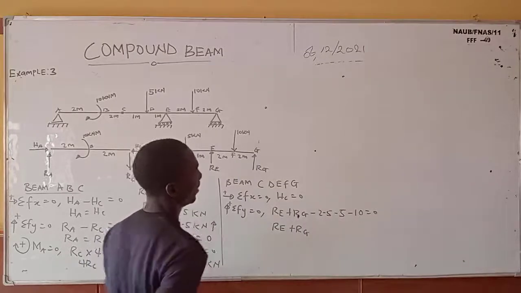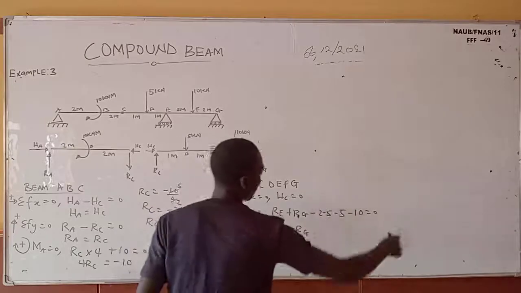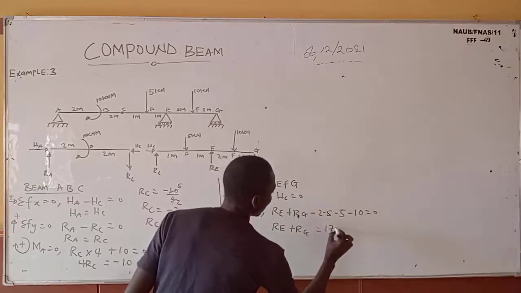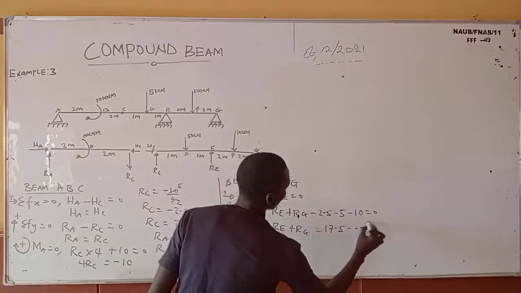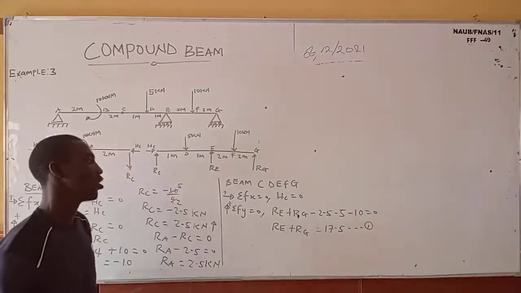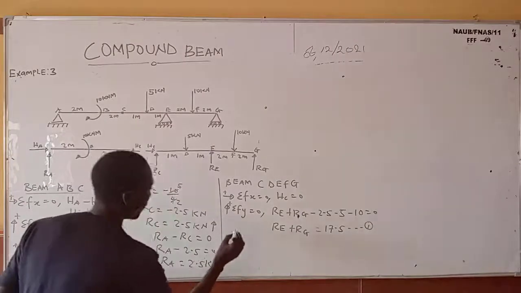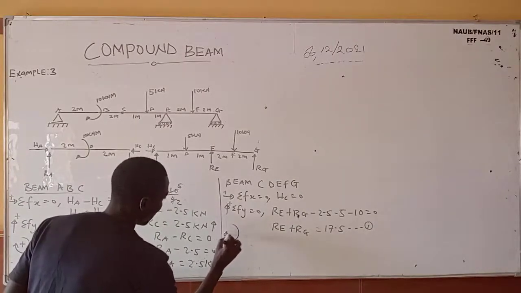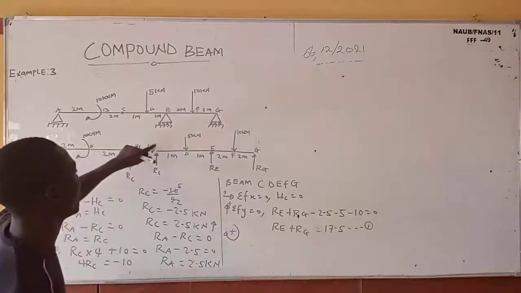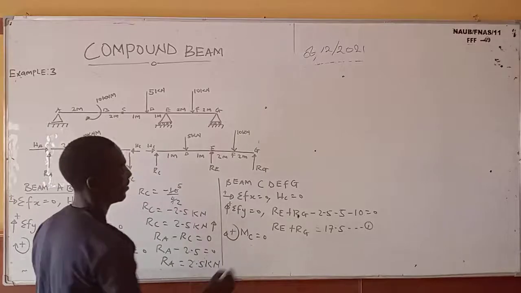So now, RE plus RG, if you sum this together, this plus the minus 2.5 minus 5 minus 10, I think that should be minus 17.5. When you cross to the other side, it's going to be 17.5, equation 1. Do you get that? So now the next thing we are going to do is to take our moment. We take moment about point C. Moment about point C equals to 0.